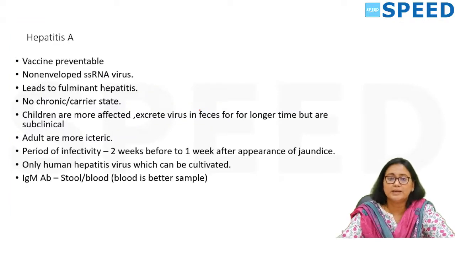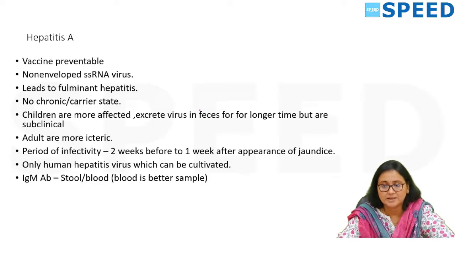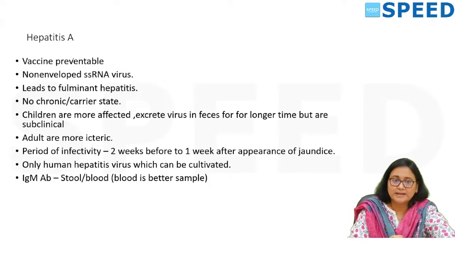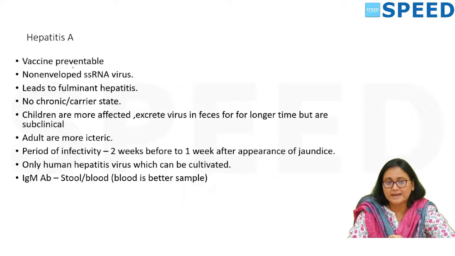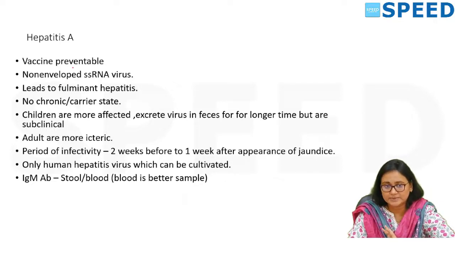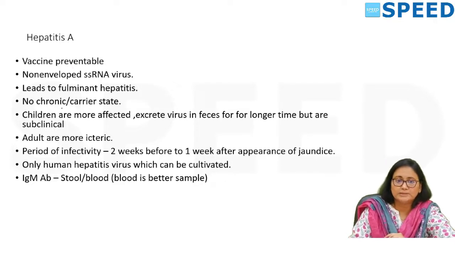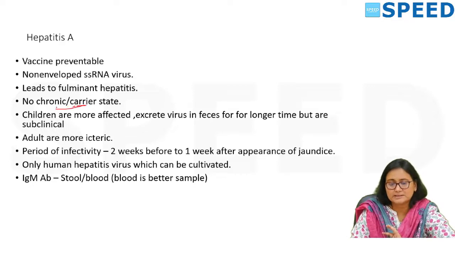Now moving to hepatitis A virus. This is a vaccine preventable hepatitis disease. It is caused by a single-stranded RNA virus, non-enveloped, and can lead to fulminant hepatitis. No chronic, no carrier stage in this.